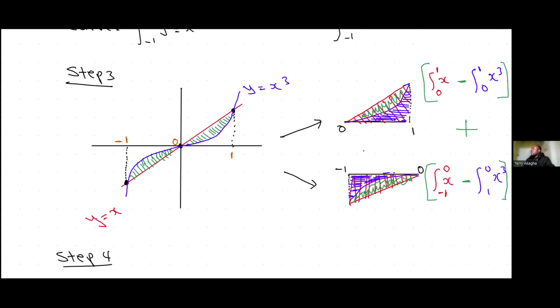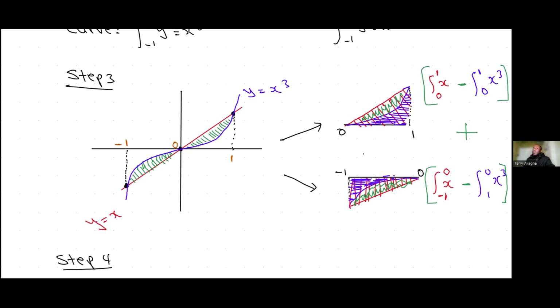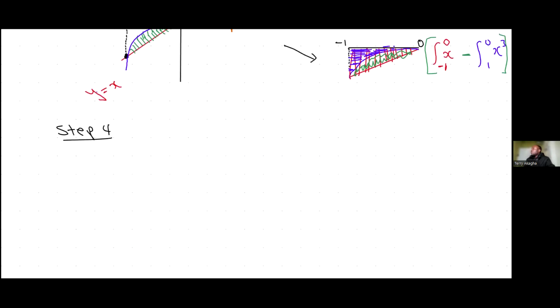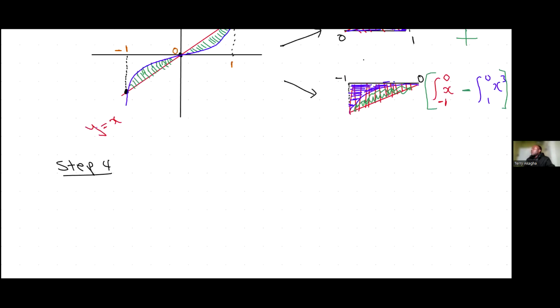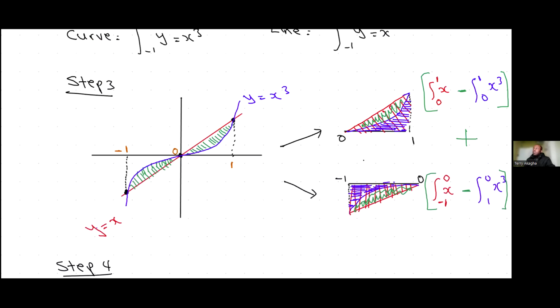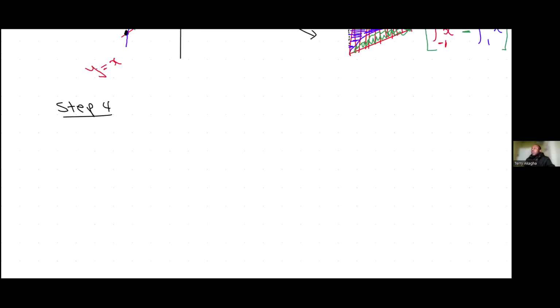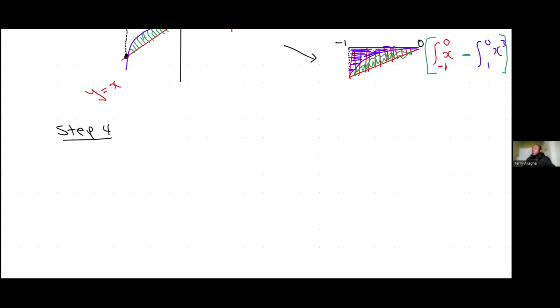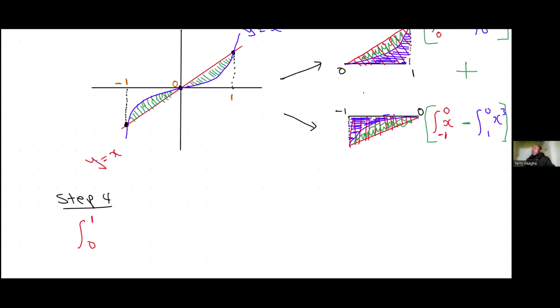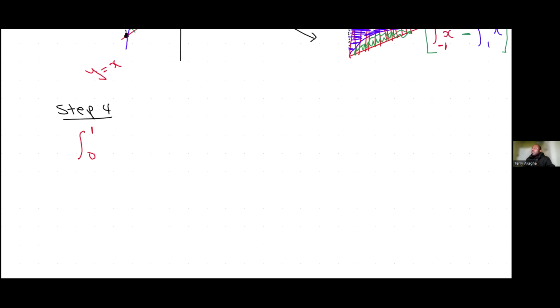So we have this one, 1, 0, we have x, okay? And we have minus exactly the same thing, but this time for cubic. So 1, 0, and x cubed.